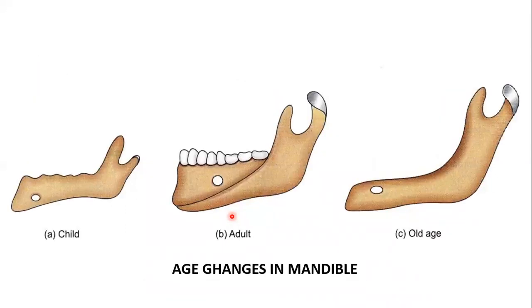Then very important, there are age changes in the mandible. This is the mandible of a child. This is of the adult. This is in the old age, which is the edentulous mandible. In the child, this is the mental foramen. Mental foramen is low, close to the lower border or base. So this angle is obtuse, about 140 degrees.